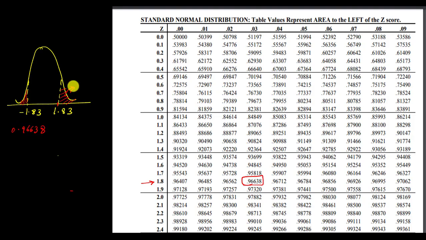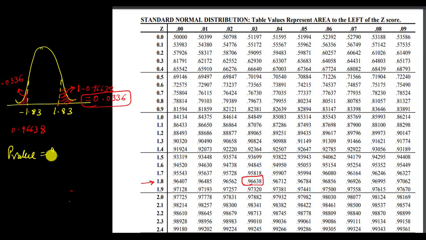So what would be the area of this shaded region? It would be 1 minus 0.96638. If you solve this, it comes out to be 0.0336, and by symmetry this area would also be 0.0336.